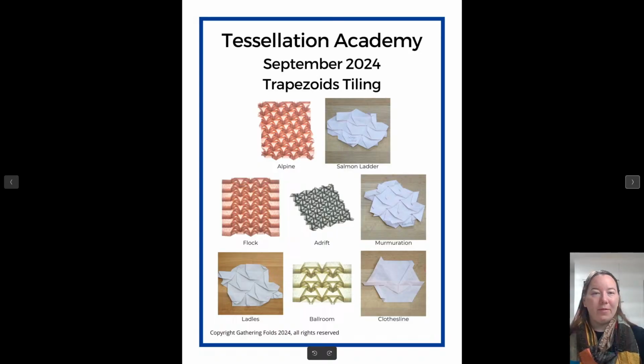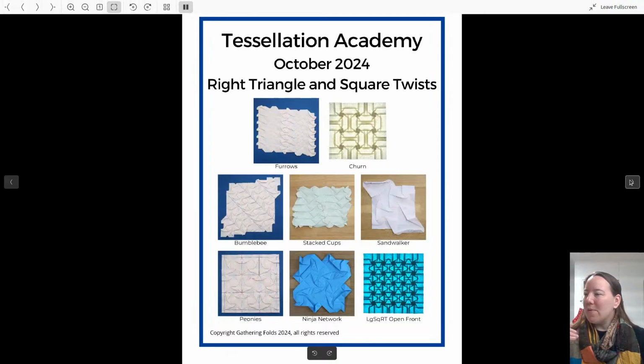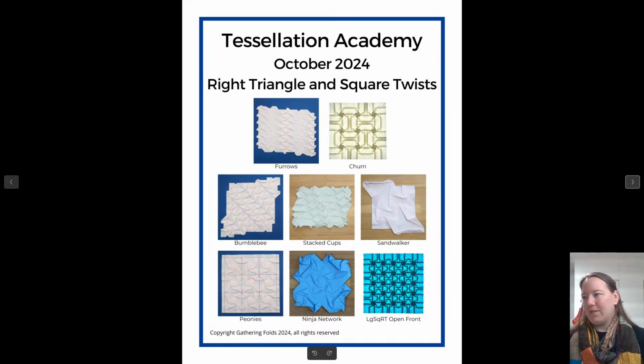We've got the trapezoid tiling, so all the kinds of patterns you can make with only trapezoid twists. We've got the first right triangle and square twist topic. Like I mentioned, we're coming up on the second one soon, where we have 2 different structures using right triangles: squares off of the smaller pleats of the right triangles, and then squares off of the larger pleats of the right triangles.